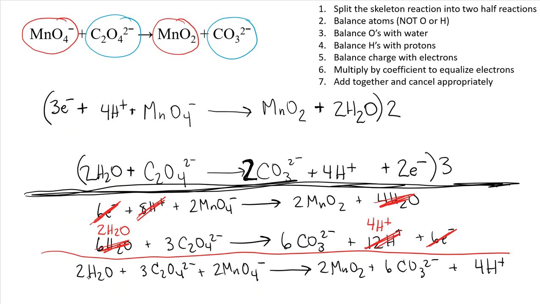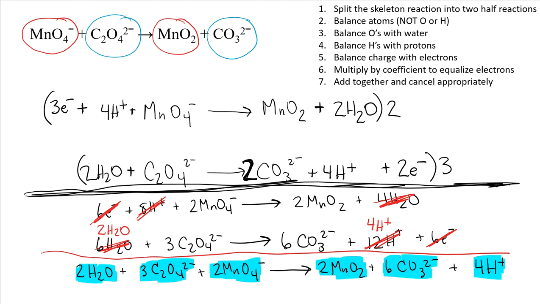Double check, make sure everything balances. 4 hydrogens, 4 hydrogens. The oxygens get tough, we'll leave the oxygens to the end. 6 carbons, 6 carbons, 2 manganese, 2 manganese. Now total we have 2 oxygens plus 12, 14 plus 4, that's 18 oxygens.